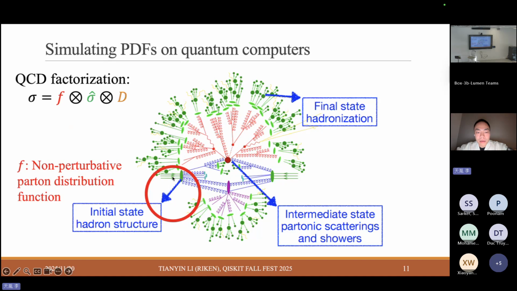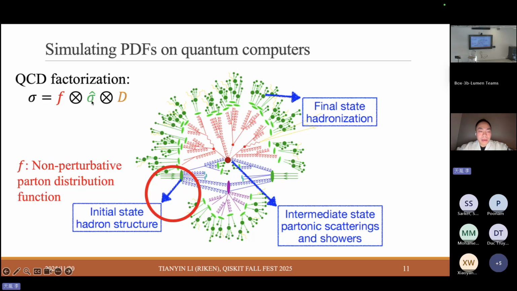Here is a high energy hadron collision process inside a collider, and this is the incoming proton, and after the scattering, it will produce lots of hadrons in the final state. The cross section of this process can be factorized into three parts.